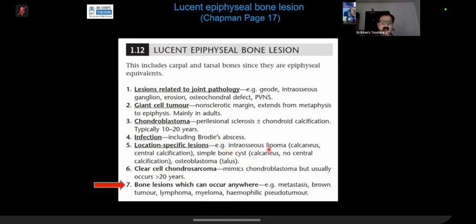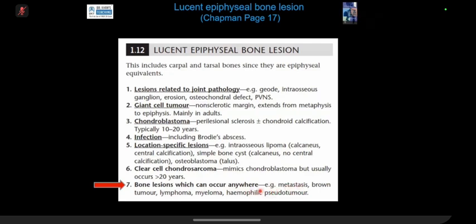I can consider intraosseous lipoma, however, it will not cause this expansile trabeculated appearance, and usually there will be calcification. I can consider a simple bone cyst. However, this is not a simple bone cyst, it's more expansile with a trabecular pattern, right? It is not a chondrosarcoma, so we are in this world then.